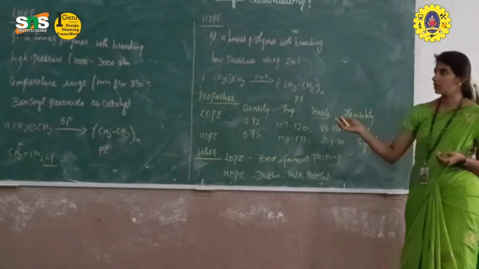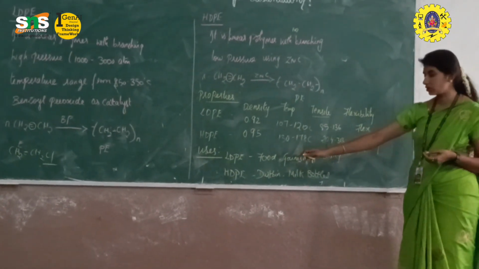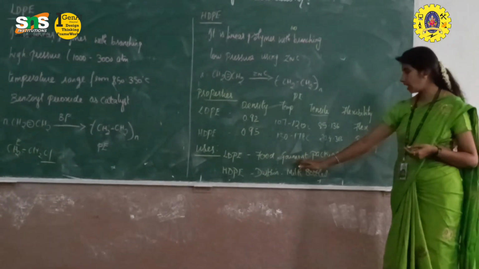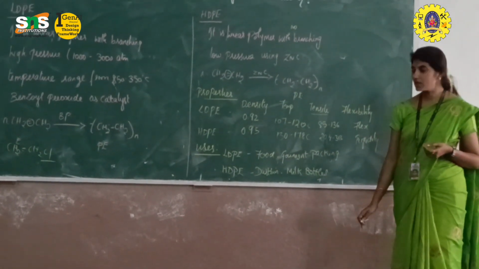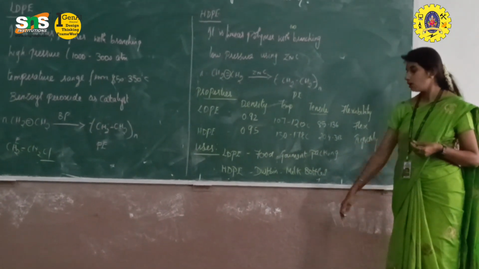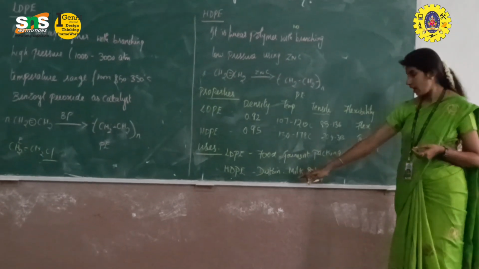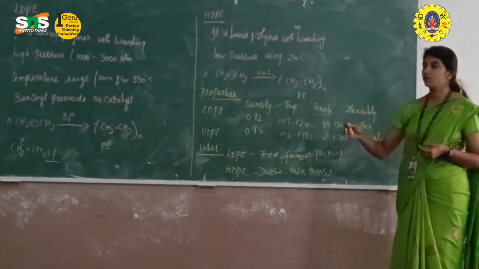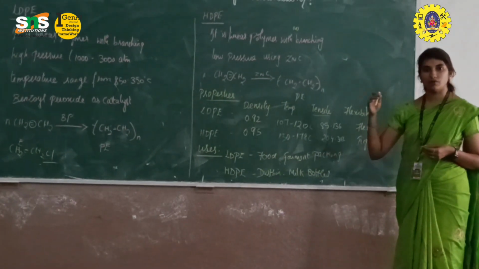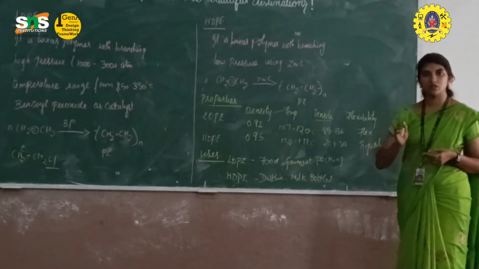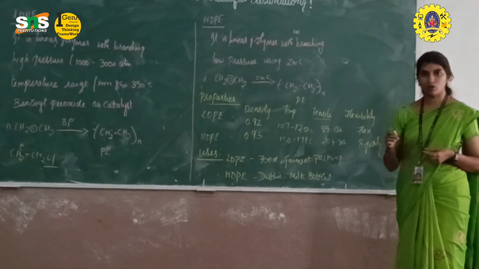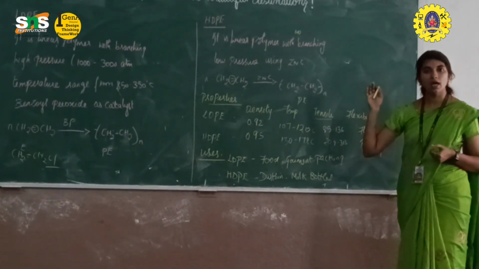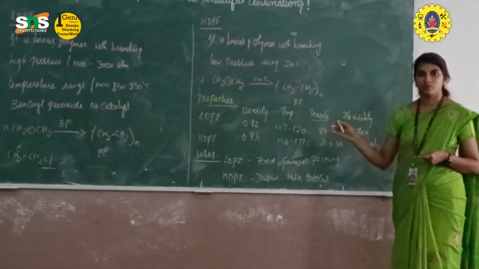And polyethylene is used in food packing materials, products, etc. So these are the structural formations of polyethylene, which can be combined from the homopolymers of low density polyethylene and high density polyethylene, and it classifies into HDPE and LDPE, and the properties and the uses. Thank you.